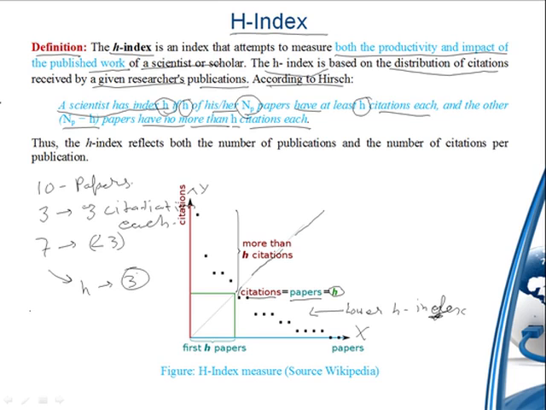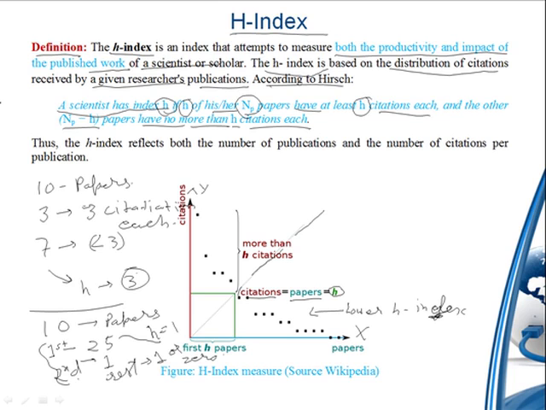But suppose an author has 10 papers and his first paper's citation is 25, the second paper has a citation of only 1, and the rest of the papers also have citations of either 1 or 0, then his H-index will be 1, because if we plot the graph of citations and papers, then H will point to 1 in this case.